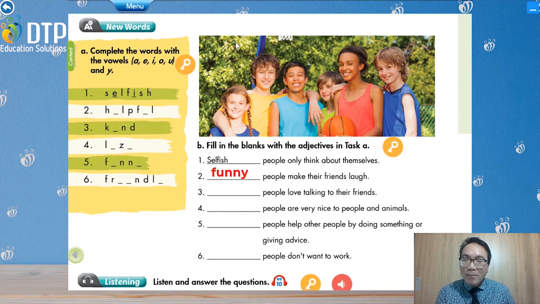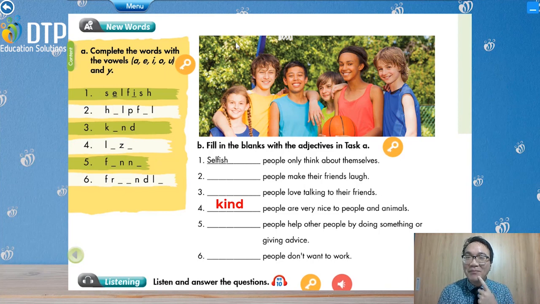Number 3, people love talking to their friends. They are friendly. Number 4, people are very nice to people and animals. They are kind. Number 5, people help other people by doing something or giving advice.